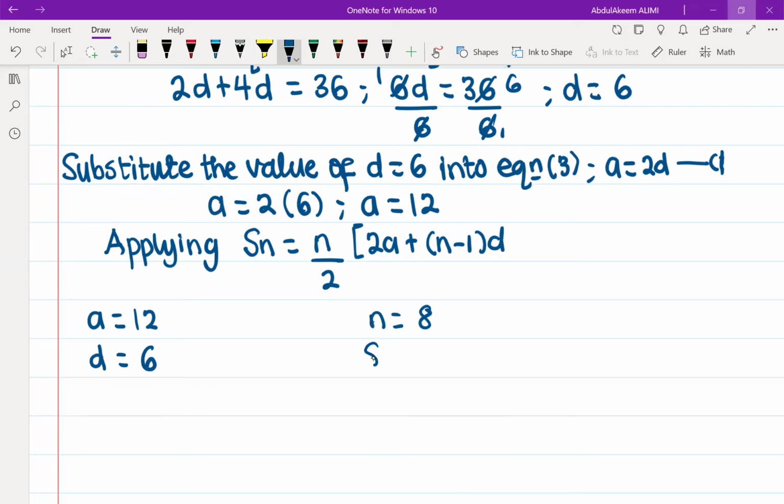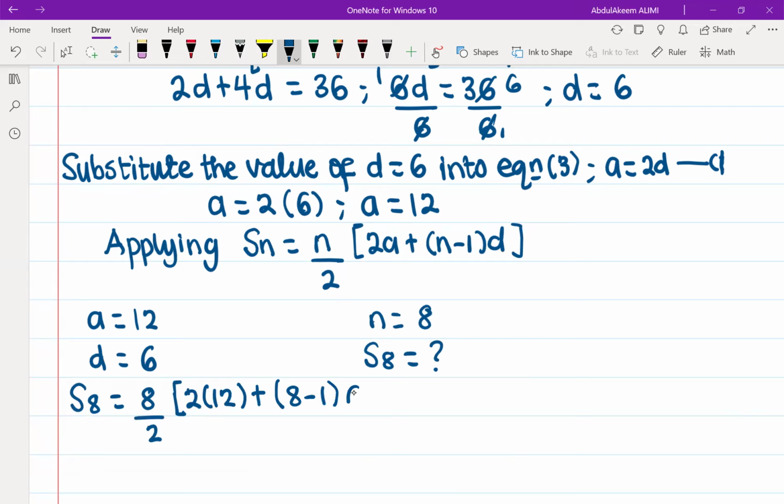My S8 is what we are looking for here. So I have my S8 to become 8 divided by 2, open bracket 2 times 12 plus 8 minus 1 multiplied by 6.